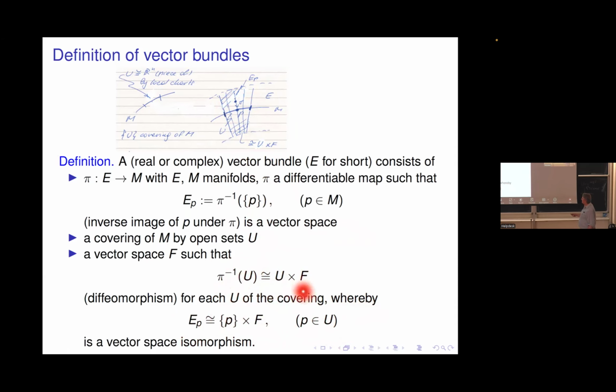You get such a relation just by restricting the one before, and after restriction, this becomes a vector space. This F is a vector space, and therefore E_p is really a vector space. And this is supposed to be one also by definition.